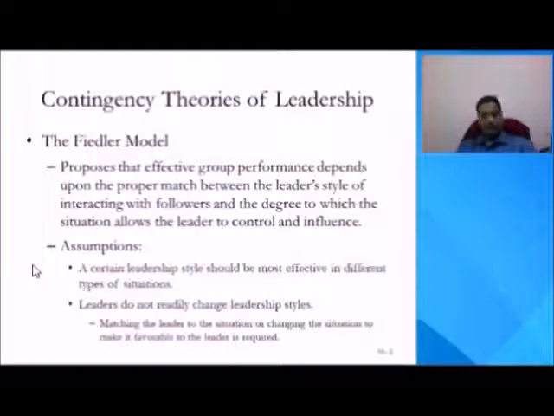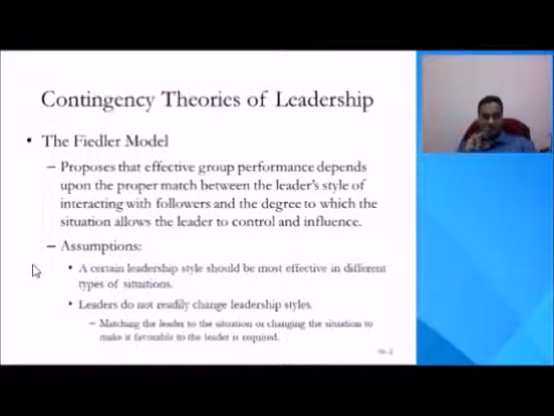If you look at the last two sets of theories, that is trait theories and behavioral theories, there was not really any mention of the followers. The theories were focusing on what the leader has in terms of characteristics or what the leader does in terms of behaviors. So for the first time, we are bringing in another variable, that is the followers.